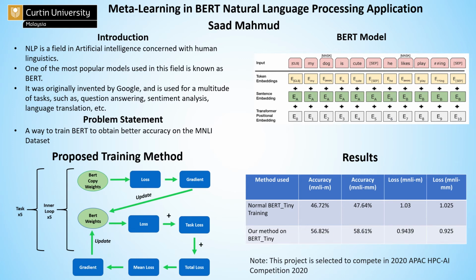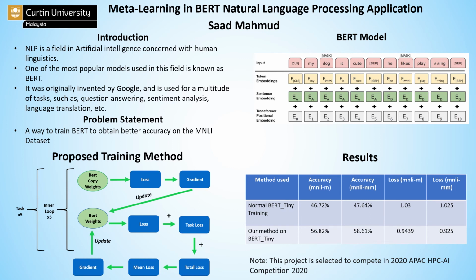MNLI dataset has two parts called MNLI matched and MNLI mismatched, and we compare our results for both these sections. So what we see is using normal training on the BERT Tiny model, we receive an accuracy of 46.72% and an accuracy of 47.64%, and we receive a loss of 1.03 and 1.025 for the MNLI matched and MNLI mismatched sections.